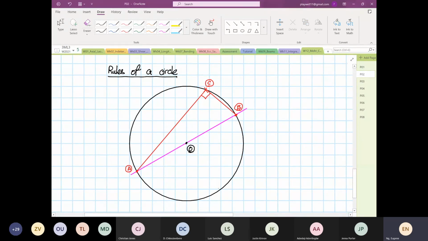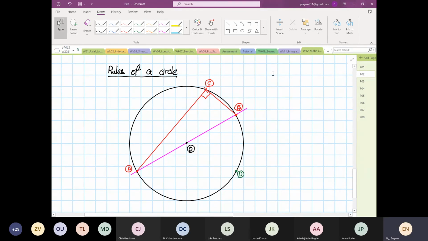I'm going to pick another point over here that is known as point D. I'll put point D deliberately over here.